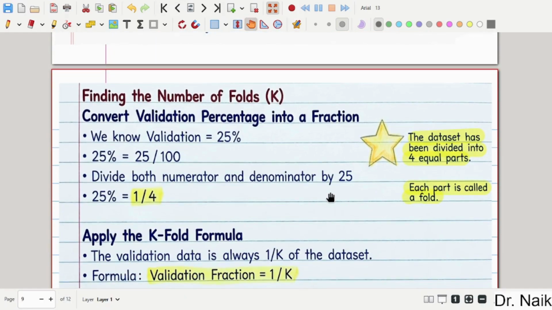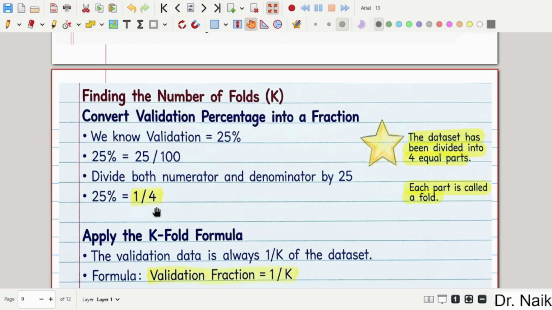First convert the percentage into a fraction. 25% means 25 divided by 100. So divide both the numerator and denominator by 25. So 25% means 1 by 4. This 1 by 4 means the dataset has been divided into 4 equal parts.